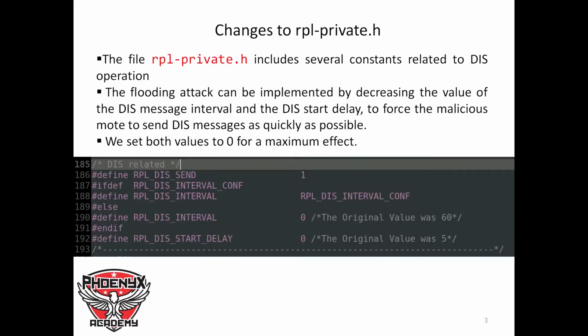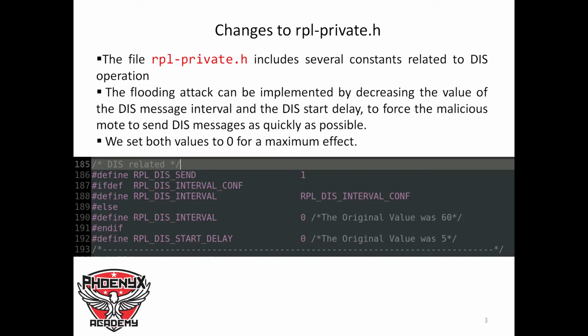So what changes do we make to rpl-private.h? It includes several constants related to the DIS operation. The flooding attack is implemented by decreasing the value of the DIS message interval and the DIS start delay to force the malicious node to send this message as quickly as possible. As you can see in this file, in lines 185 to 193, particularly line number 190, that is where we make our changes.